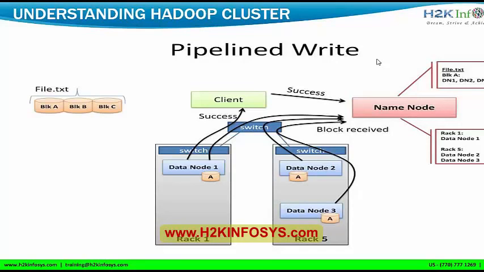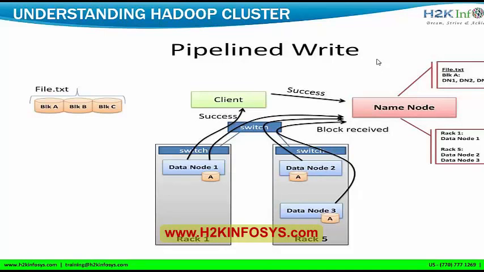Then if everything goes well, client will also give another acknowledgement to name node, saying I had written my complete file with block A, block B and block C, and my functionality is done, you can close your metadata. Then name node will see, okay, I'm happy, everything is processed very well, I can close my metadata.